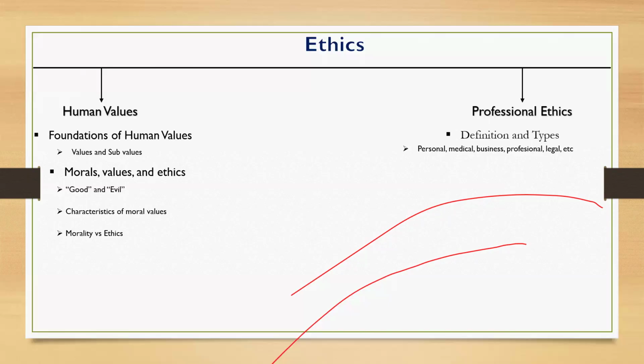Okay. And inside the types of ethics, as some of you were mentioning, we got personal ethics, medical ethics, right? We got business ethics, professional and legal ethics, etc. When we talk about personal ethics, folks, this is concerned with the rules by which an individual lives his or her personal life, right?